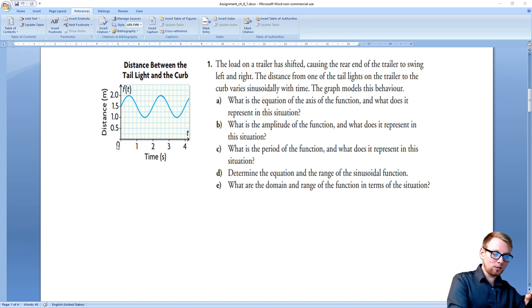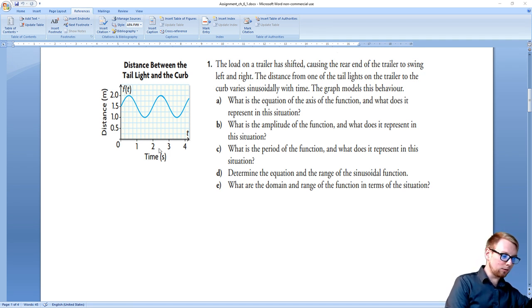Obviously, it starts at 0 for time, right? Because we can't have a negative time in this type of question. We always start at time equals 0, not time equals negative 10. You know what I mean? So we have 0. This has an extension on the t-axis, so it actually doesn't even end at 4.